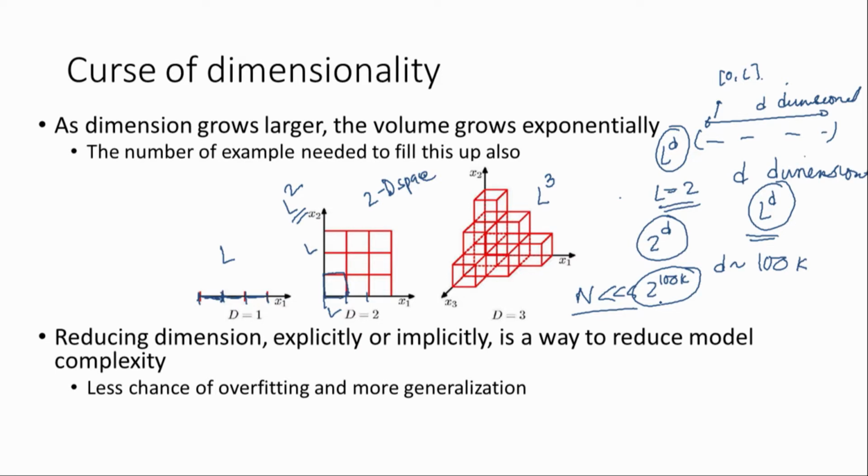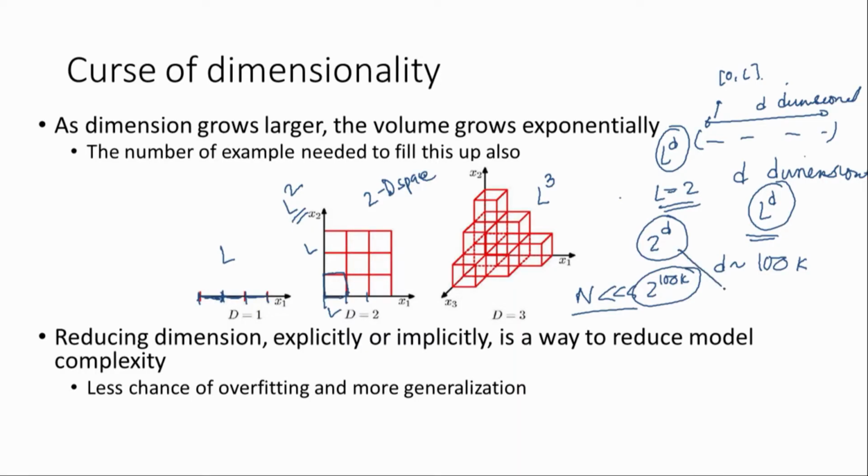What that means is that in any realistic data size, you won't even see most of the feature combinations happening. You won't even see this feature and this feature coming together. And that's not because these two features are not correlated. It's just that your sample size is much smaller compared to the universe of possibilities. Is this concept clear?